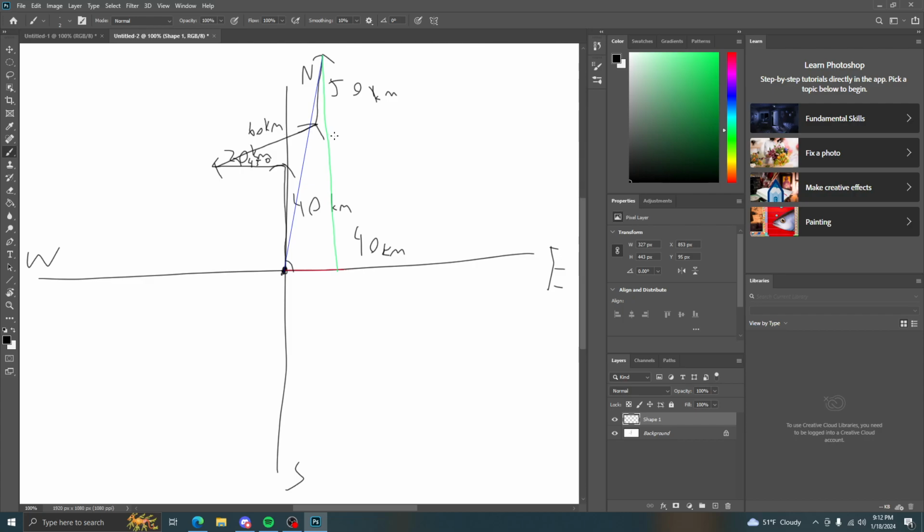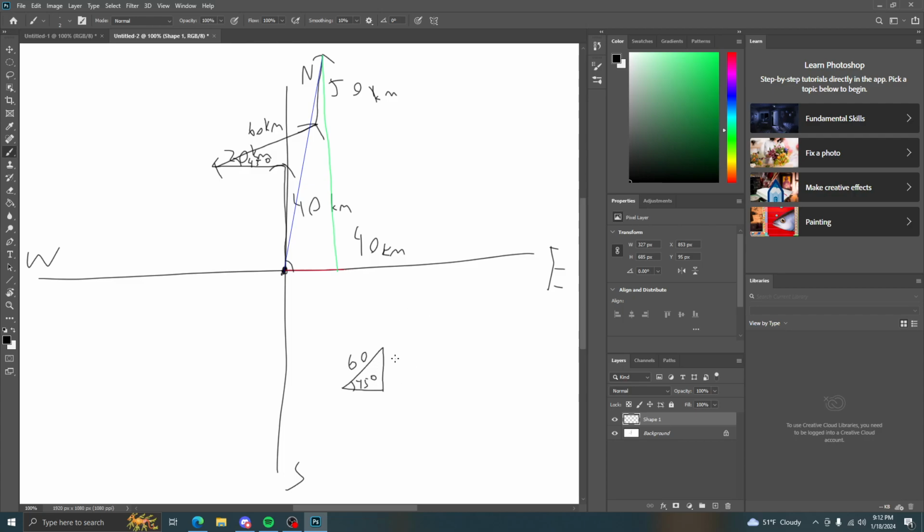To find how the y component changes there, you have to do a little trig. You have 60 kilometers as the hypotenuse, and 45 degrees is the angle they're traveling at.